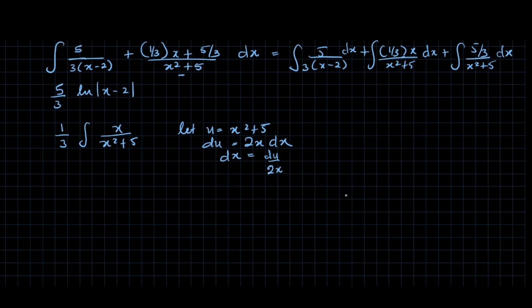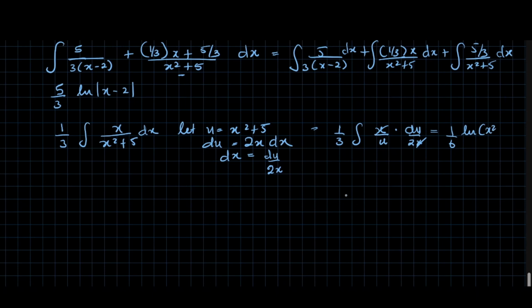Substituting back, it will be 1 over 3 times x over u times du over 2x. The x cancels, coming out as 1 over 6 times the integral of 1 over u, which is 1 over 6 ln u, and u is x squared plus 5.